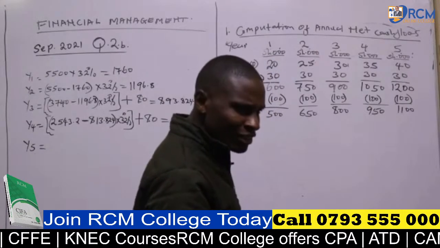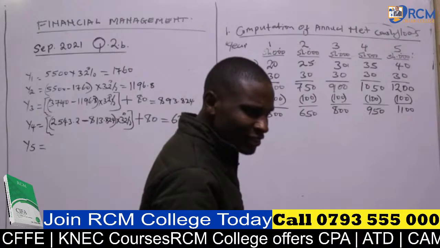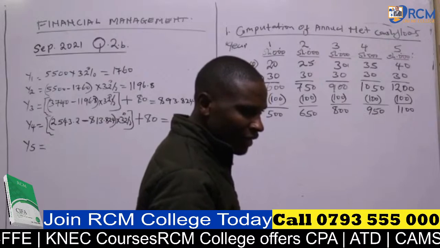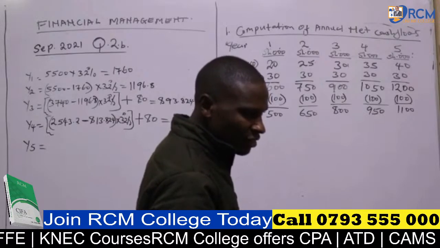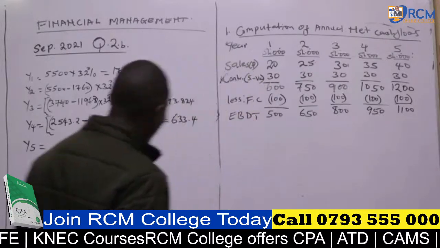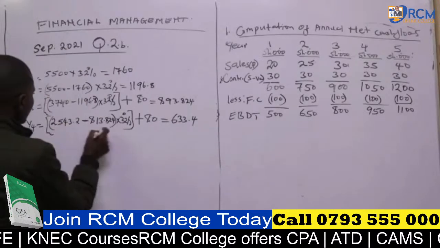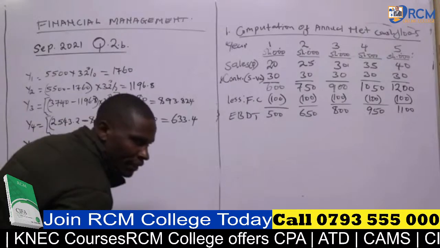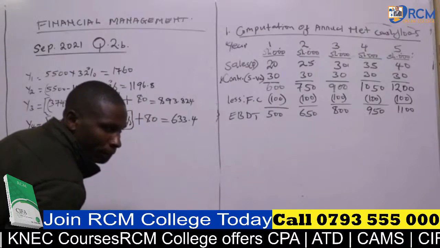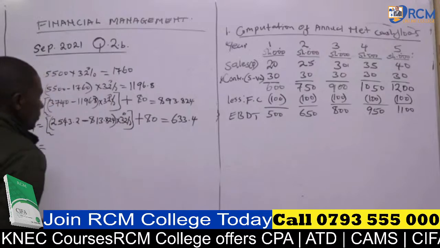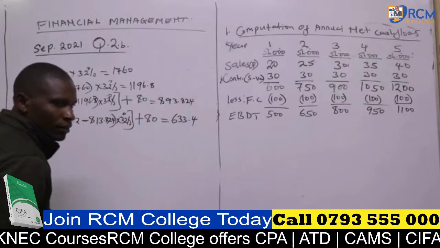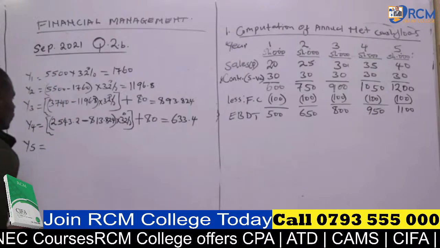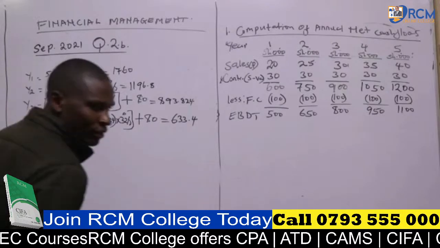633. 633 iko na majority. I don't know why. Okay, give me this difference. 2543.2 minus this. Hiyo difference ni ngapi? It will be 1000 and something.